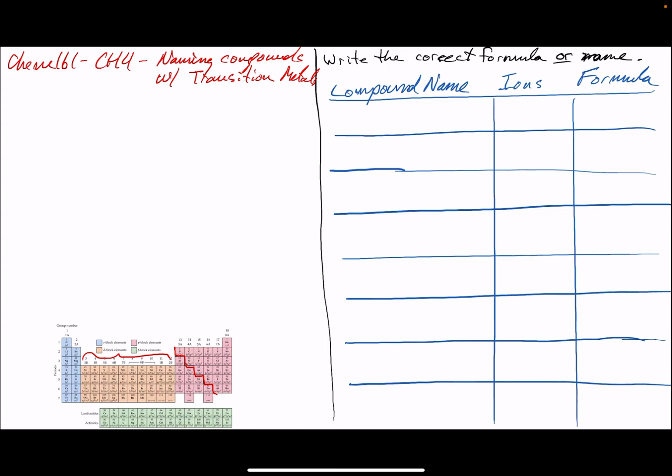So for many ionic compounds that you might have to build or predict, you need to know the allowed charge value for the ions of that transition metal. Okay?